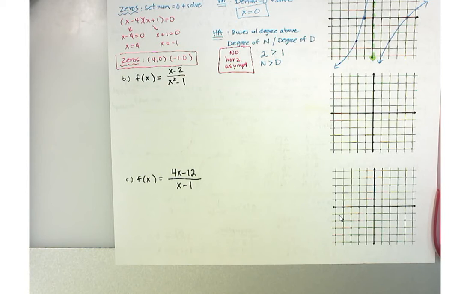Alright, so for your zeros, you should have 2, 0 as your point. Your vertical asymptote, if you factor the denominator, because this is the difference of two squares, x plus 1 times x minus 1.